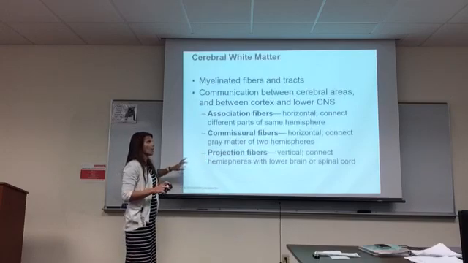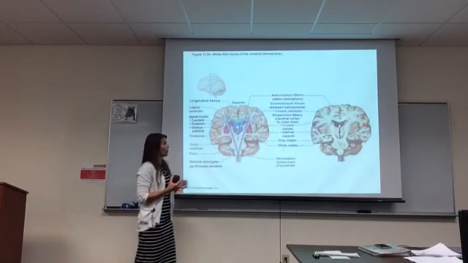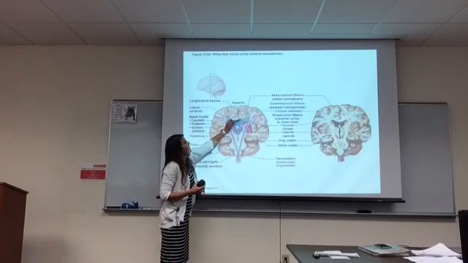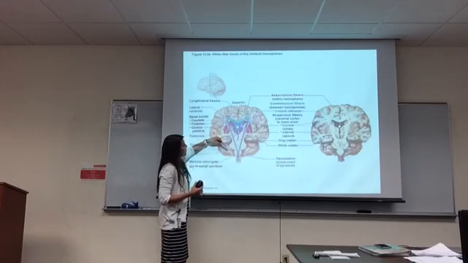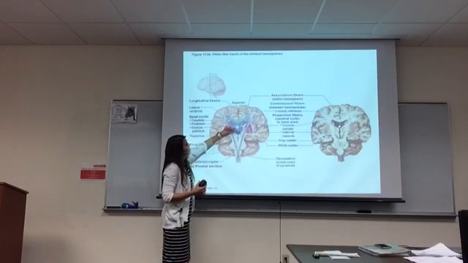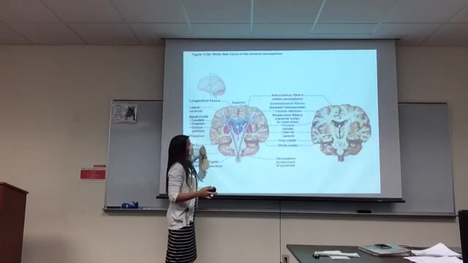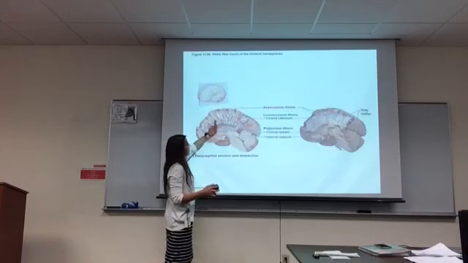I don't even believe it's on your test, but it may be if it's on your review. Here you can see they're color-coded. Okay? So you have your association fibers, your projection fibers in purple, and then your commissural fibers here in green. So here's that view. Here's the side view.